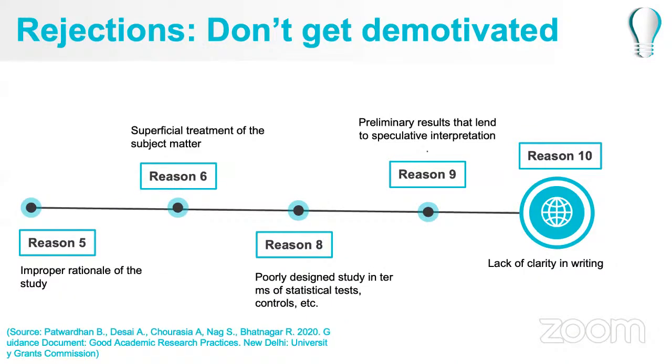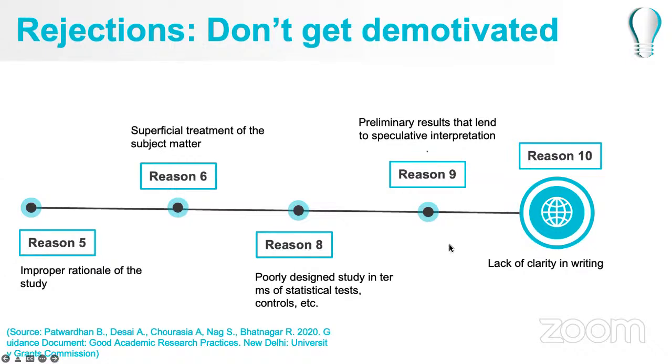Then improper rationale of the study, where it has not been explained properly why this study was done, what the objective, purpose, and aims were. Then superficial treatment of subject matter, where the treatment is not given correctly to that particular subject.